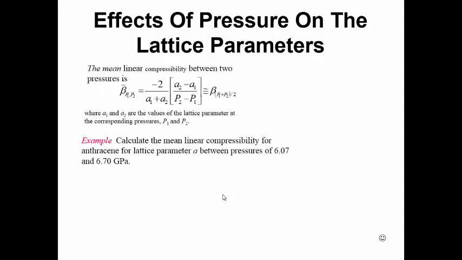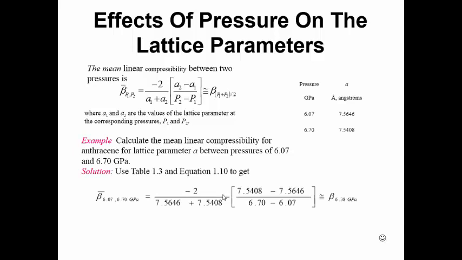And finally, let's take an example with anthracene, and here are some of the values of anthracene.